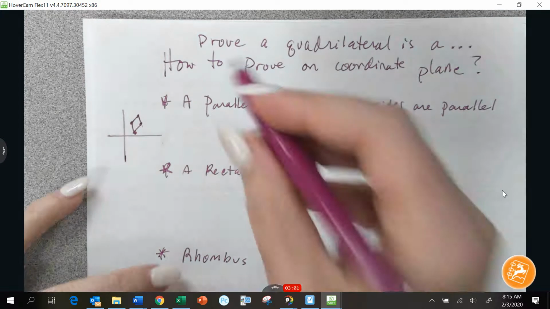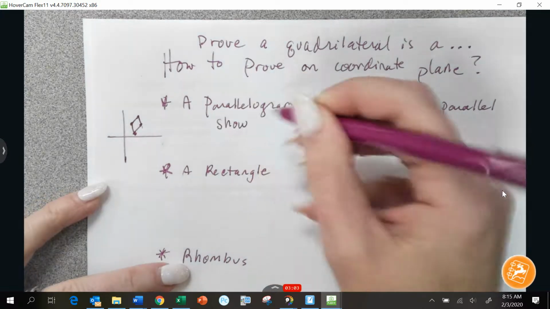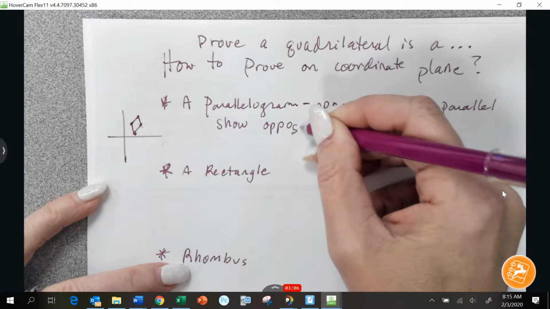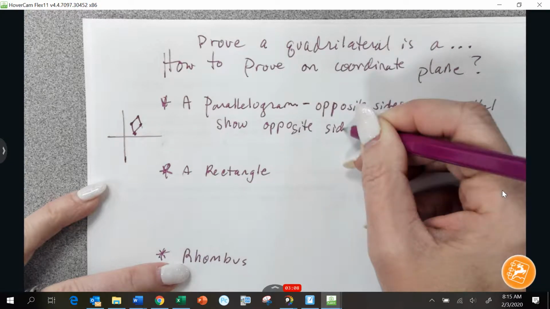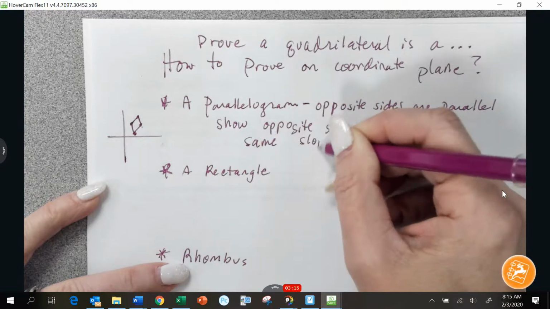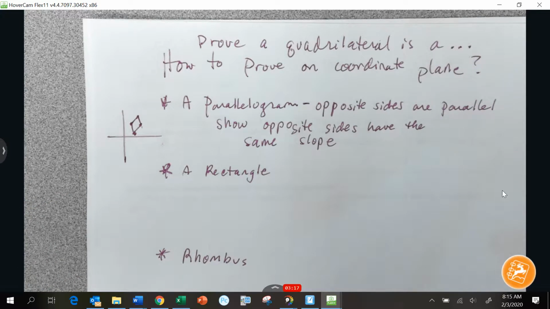So we need to show opposites have same slope. If we can show that, we know we have a parallelogram. So that would be what your work would look like, finding the slopes, the opposite ones, same slope. Okay?